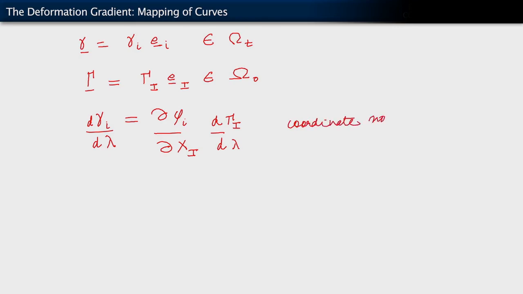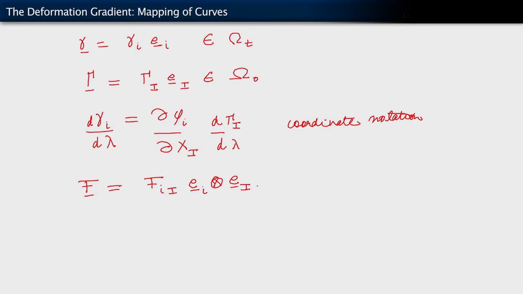Okay, so what this says then is that if we want to talk about the deformation gradient, it's a tensor, and remember the tensor can also be written in terms of its components relative to the basis. The way we would write it is F_iI, e_i tensor E_I.